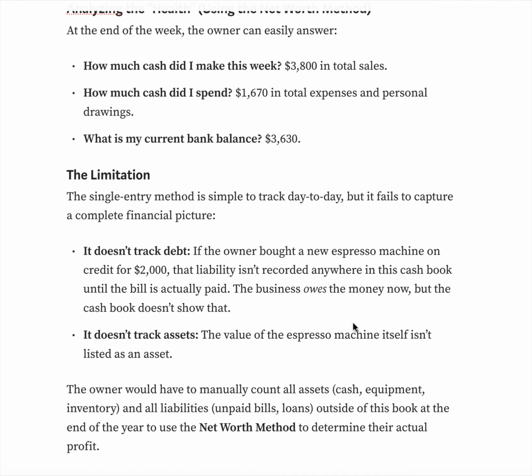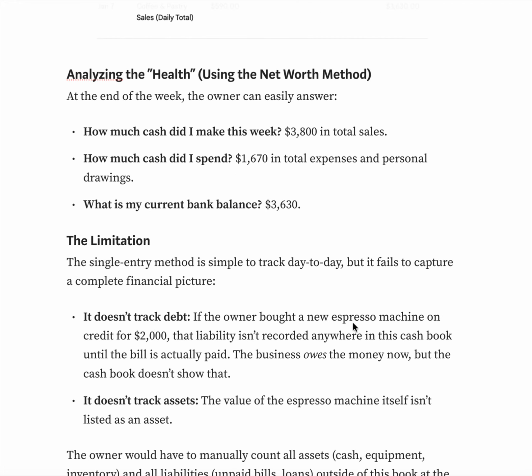But there are some limitations, as you can see here. For example, let's suppose that this coffee shop wants to buy a new espresso machine on credit. Obviously your assets increase, because you have a new coffee machine, but you buy it on a loan, so that means you also have to record the liability.